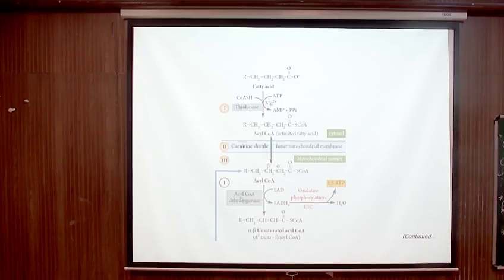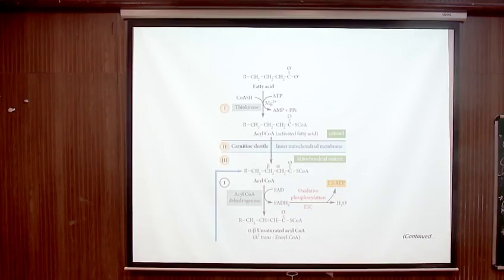So acyl coenzyme A will undergo oxidation with the help of the enzyme acyl coenzyme A dehydrogenase, and importantly you have to remember that there is a coenzyme, a flavoprotein called FAD. What is the full form?